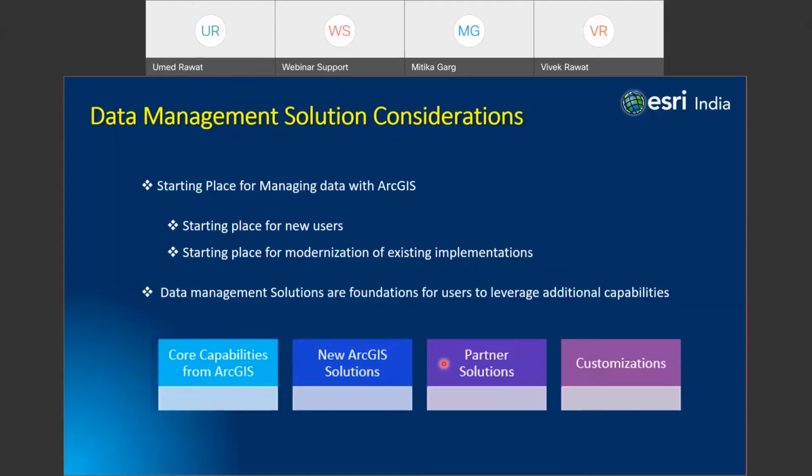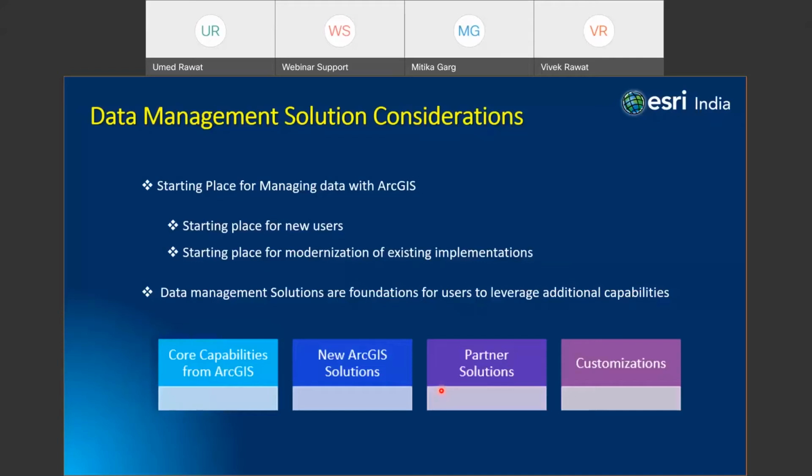It is also important that the utility network data model solutions are foundations that allow you to leverage additional capabilities that ArcGIS has. On top of the data management solution, we provide a lot of new ArcGIS solutions which organizations can use and customize. We have more focused solutions, and customers and partners are also building on top of that.